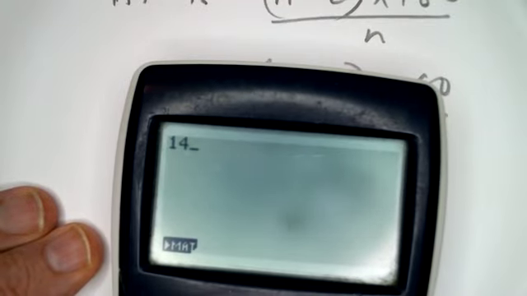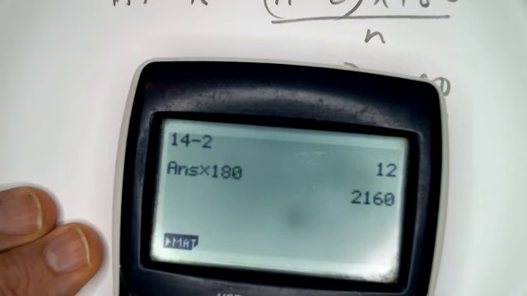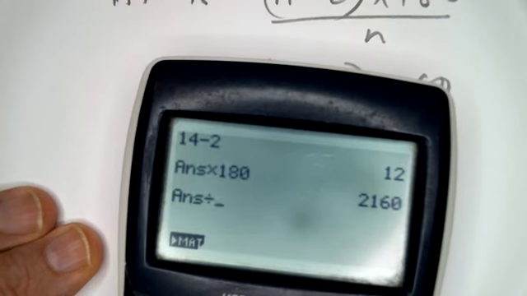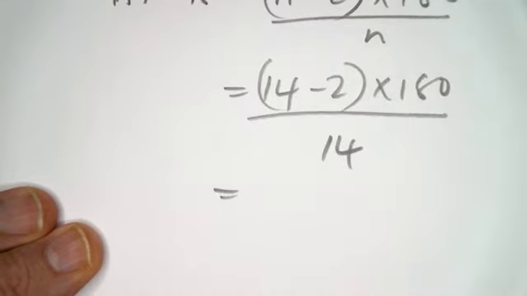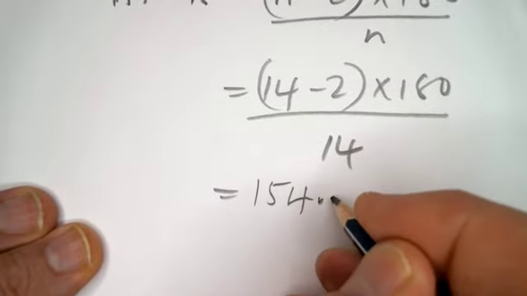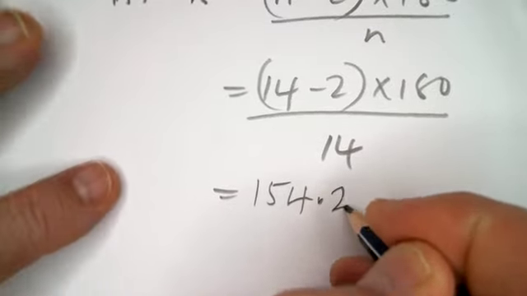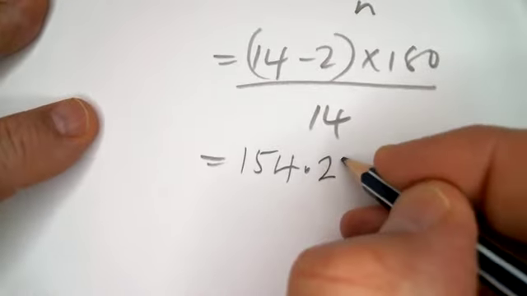So we've got 14 minus 2, which is of course 12, times 180 divided by 14, and that gives us 154.2. So this was 156 degrees, and this is 154.2 degrees.